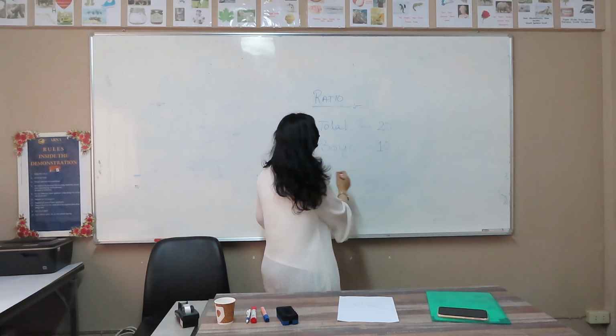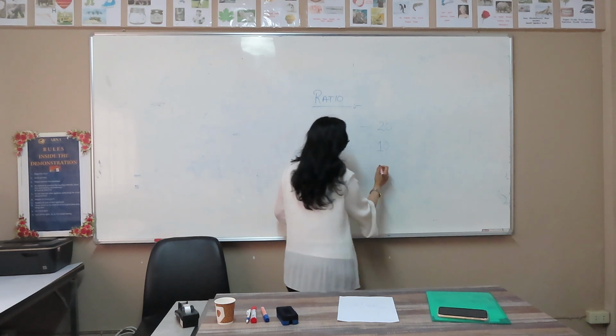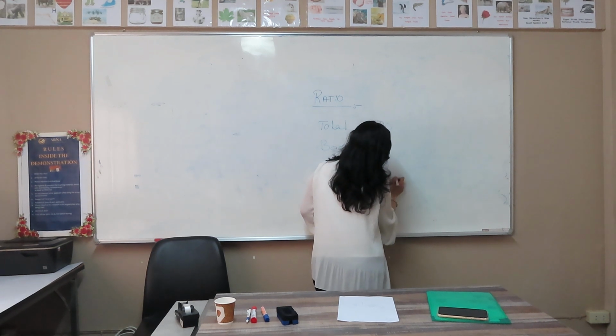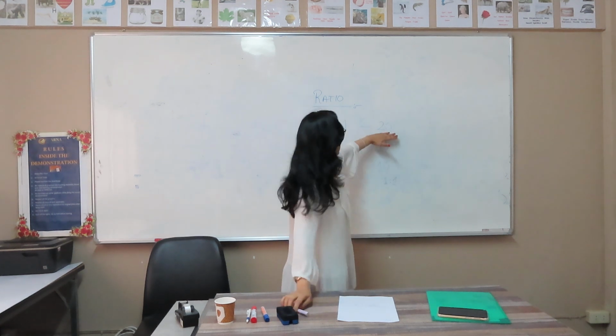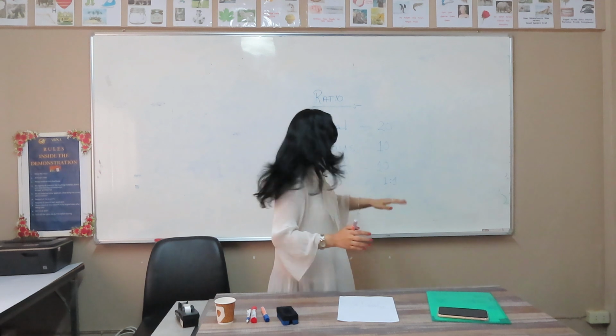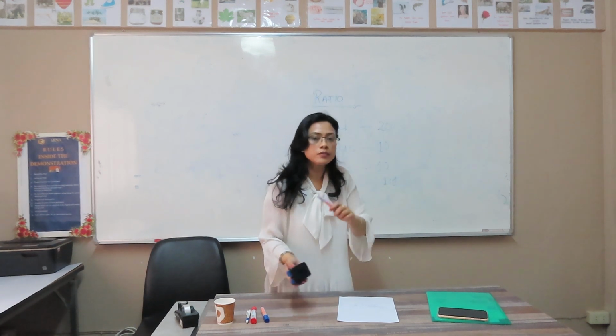So the girls would be 10 also. So it would be a 1:1 ratio. Or we could say that out of 20, 10 are boys and 10 are girls. So it's a 1:1 ratio. That means an equal number of girls and boys.